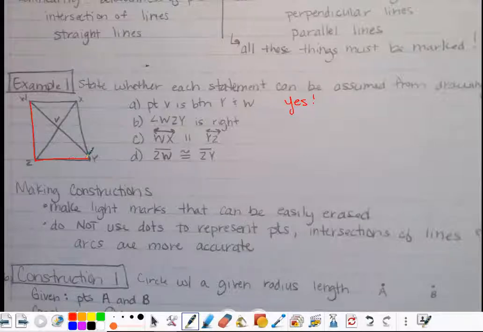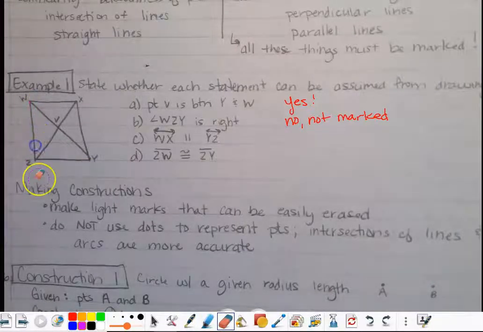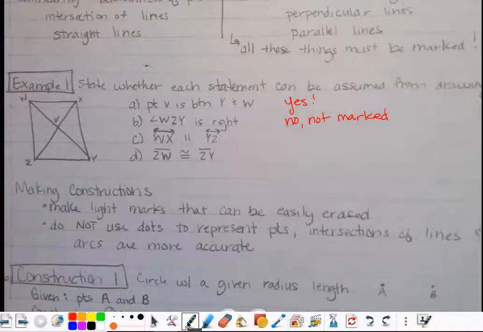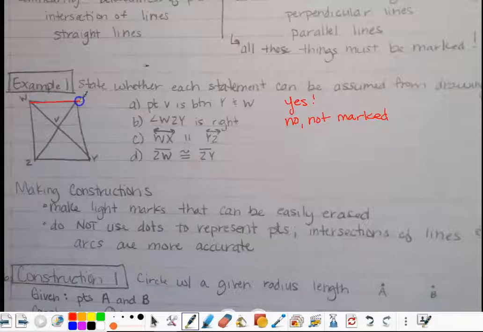You cannot assume. So you're going to say, no, it's not marked. Okay, if it's not marked, the answer is no, unless you measure it. I know it looks it, but you can't count it. How about C? WX is parallel to line YZ.